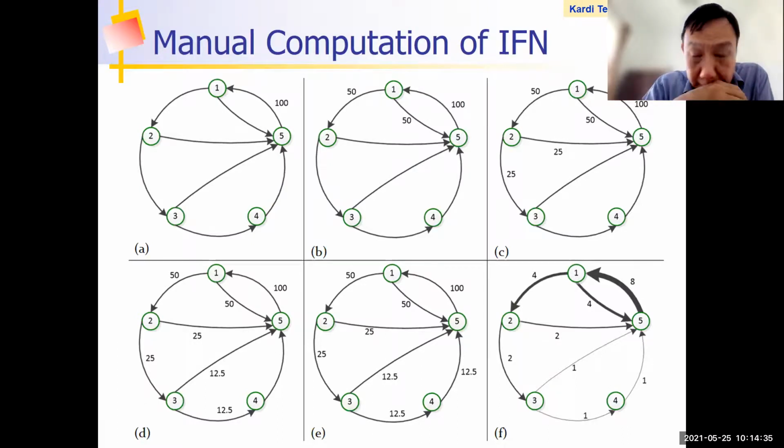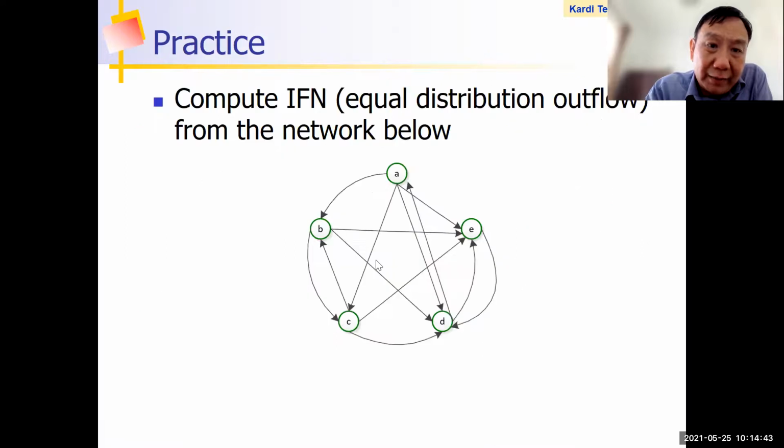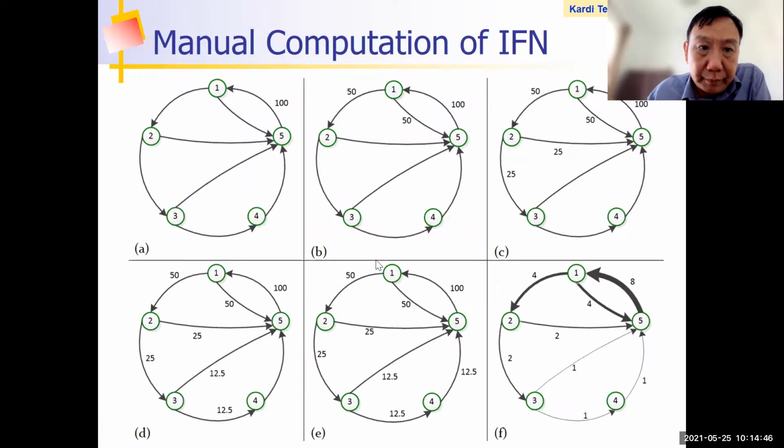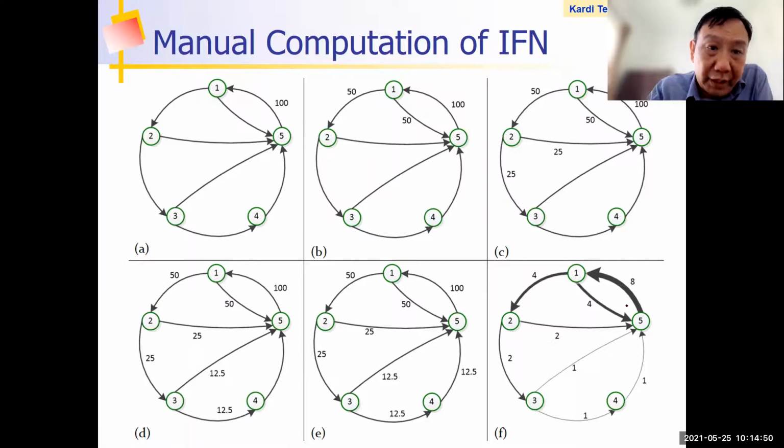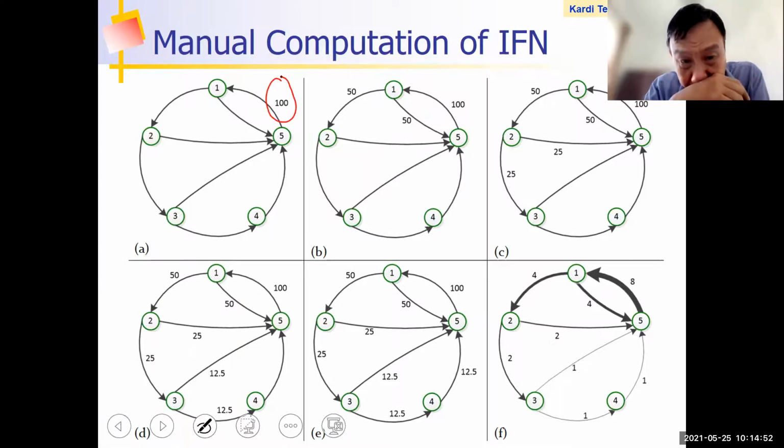So you have this network. First you assign 100 to node 5. Let's assume the probability distributions are equal. In node 1, because they are equal, I have 50 and 50.